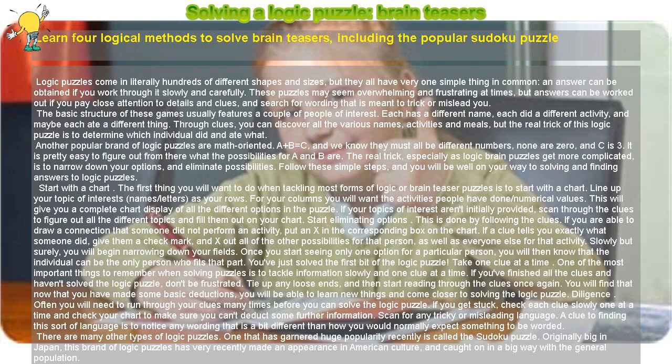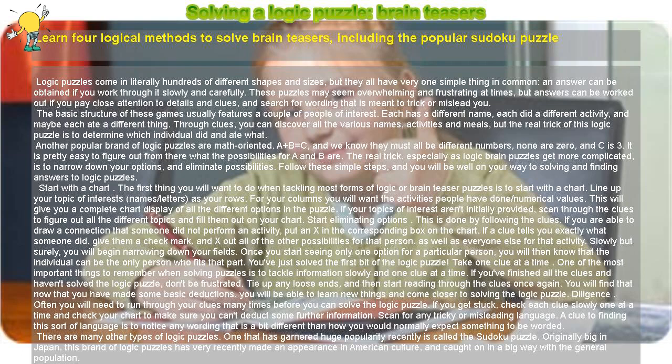For your columns you will want the activities people have done/numerical values. This will give you a complete chart display of all the different options in the puzzle. If your topics of interest aren't initially provided, scan through the clues to figure out all the different topics and fill them out on your chart.